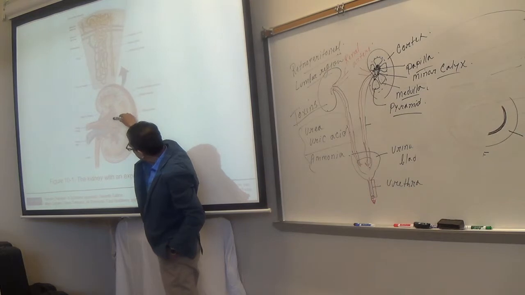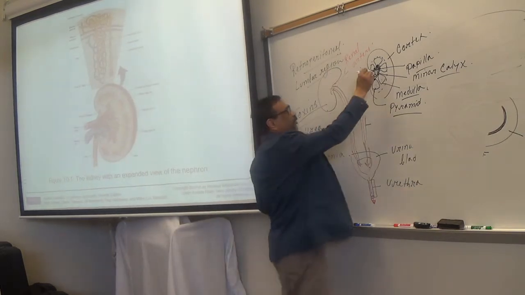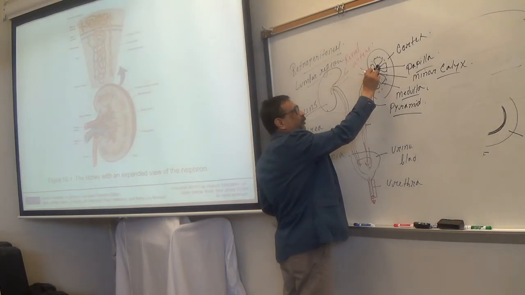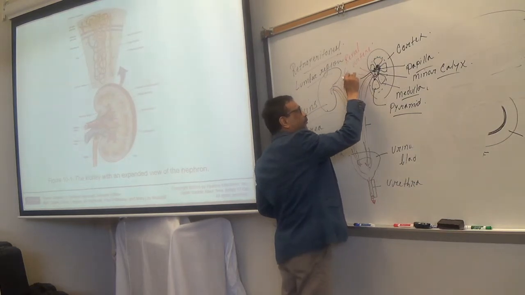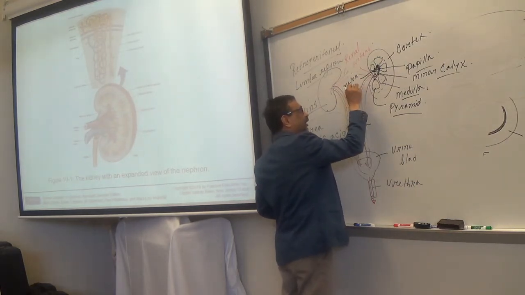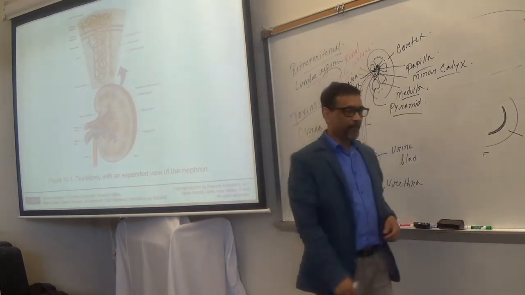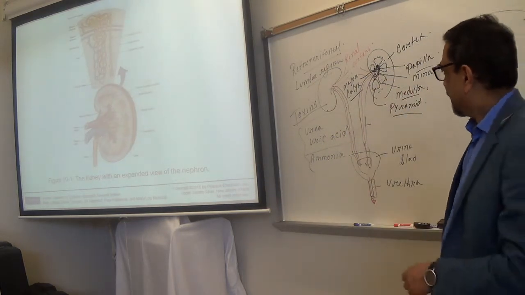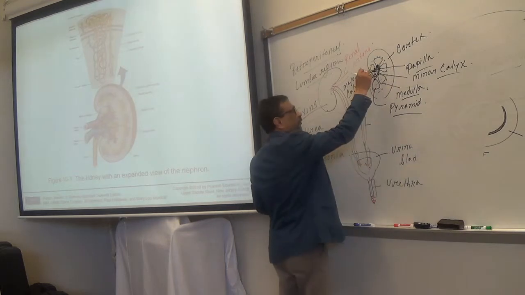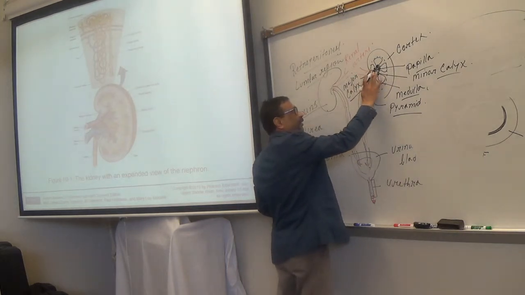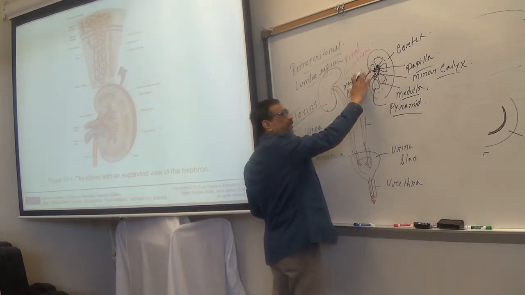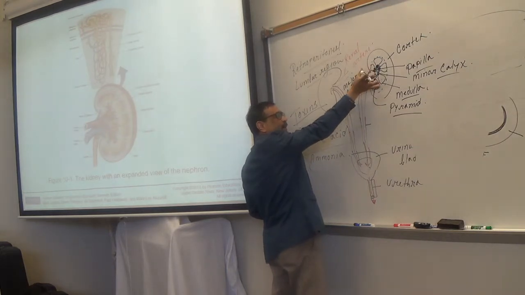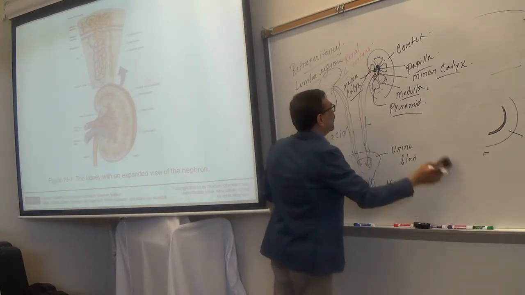They join together to form the major calyx. So a few minor calyces get together, and this area is called the major calyx. It's bigger. And then from the major calyx, the urine enters into the wider upper end of the ureter, that is called the pelvis. So this upper end of the ureter is wider, and that is called the pelvis.